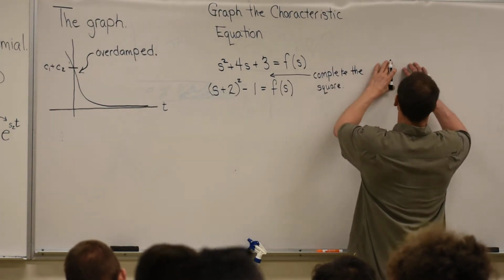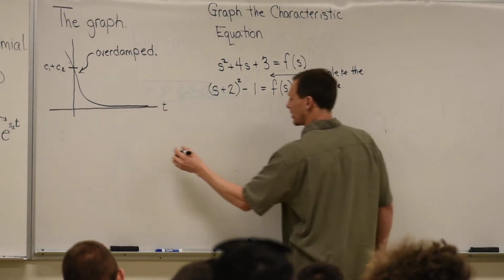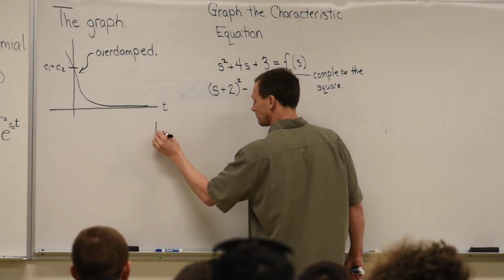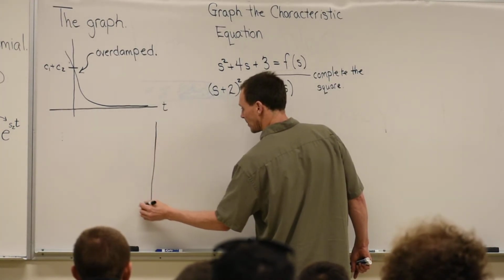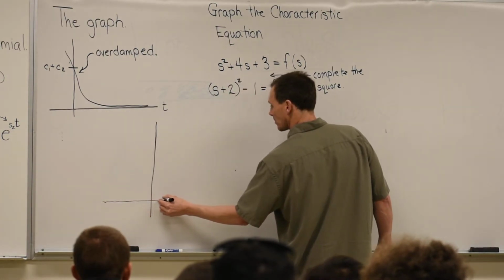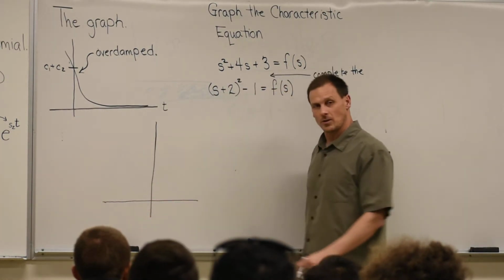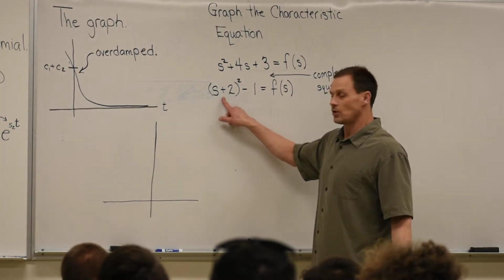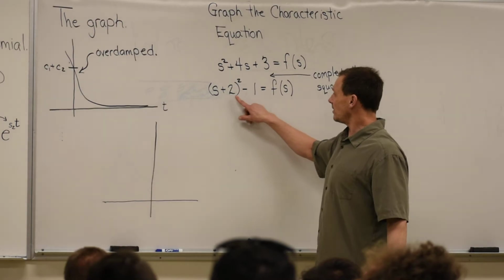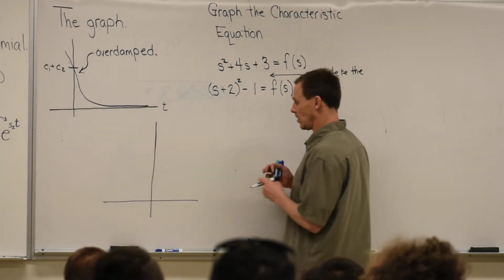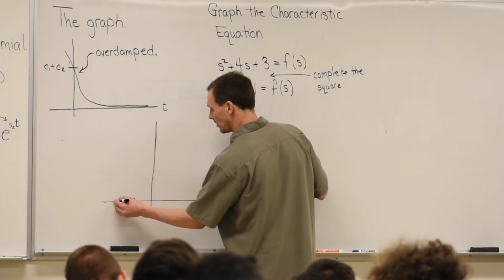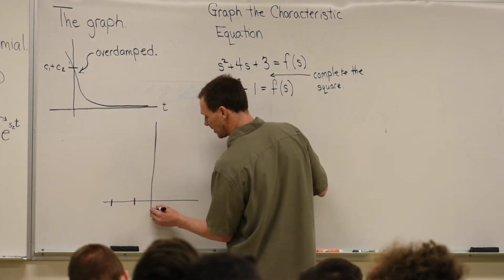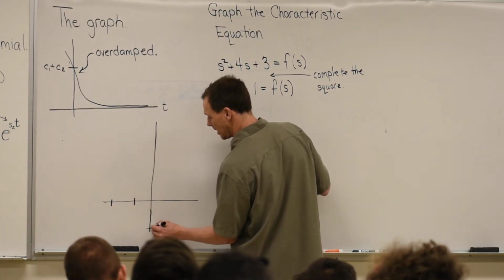So we're going to have a couple of those up here. Let's put our graph over here, maybe. So we know that this is a parabola. It's shifted 2 units to the left, and then the vertex goes down 1.